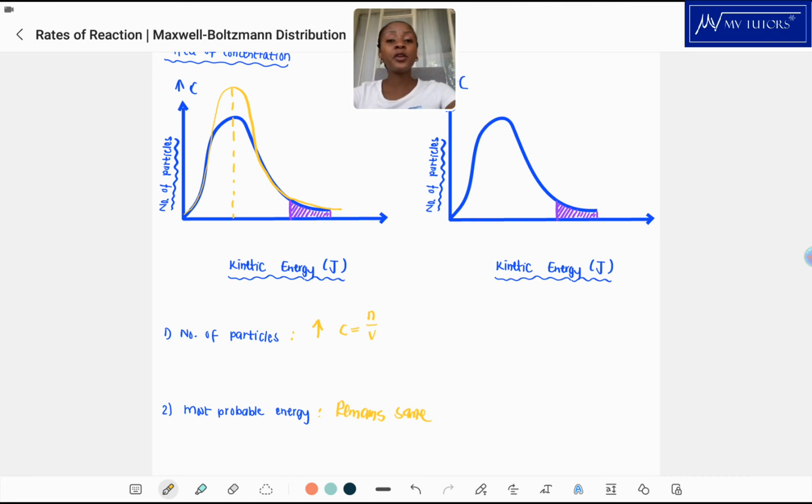Before you increased concentration, maybe there were 1,000 particles, but now that has increased to 2,000, for example. The energy that most particles are likely to have is the same, but your number of particles has increased.